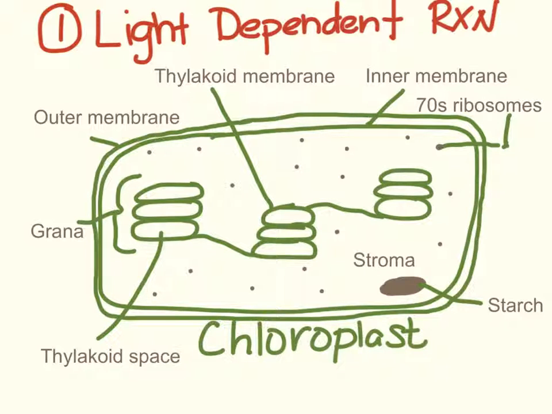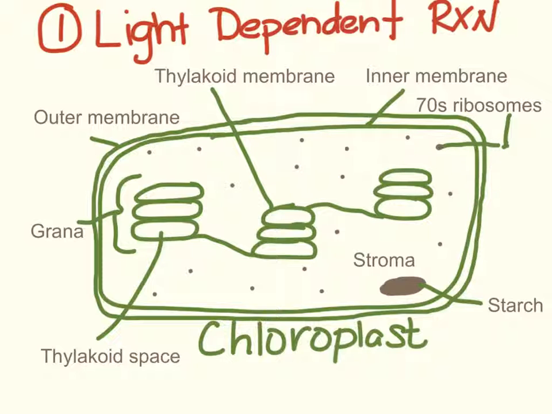So the chloroplast's basic parts: it's got its double outer membrane. Within that double membrane is a liquid that we call stroma, and within that liquid we can find the 70S ribosomes and starch granules. The other key components are the thylakoid membranes, which are these little round pancake-type structures.